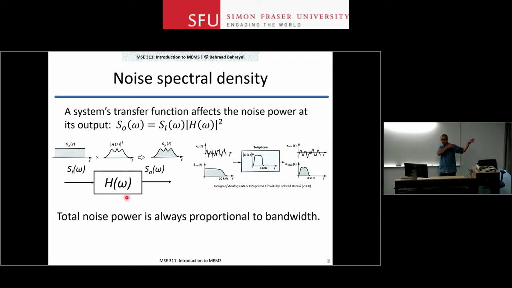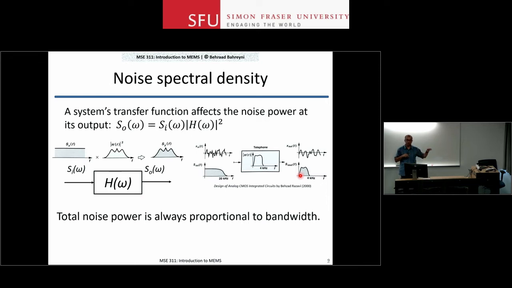In theory, your input noise had infinite power. In practice, after going through this system, you get a finite amount of power at the output. Same thing here, right? This signal potentially has much higher power than what you have here. So remember this, the only way to reduce noise is to reduce bandwidth, to make your bandwidth smaller.